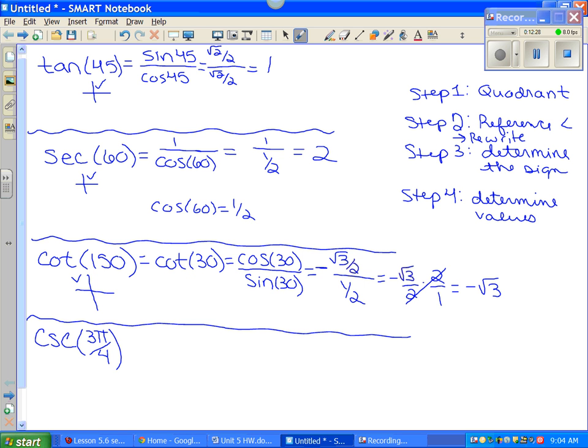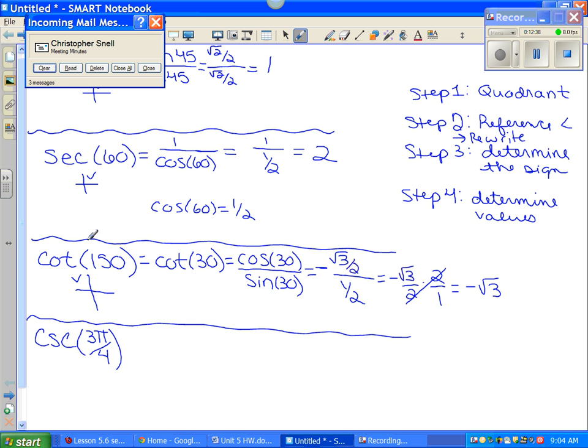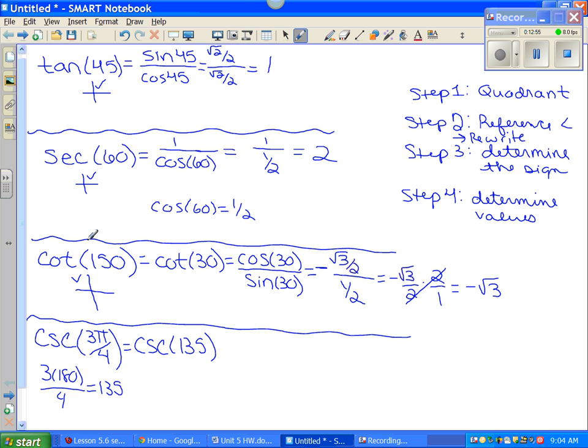Easier. Pi is 180. So how do I figure out what it is in degrees? Yeah, I got to put 180 in for pi, okay? So 3 times 180 divided by 4, Stephen, is what? 135, thank you. Okay, so this is the same thing as cosecant of 135 degrees. All right, I want you to finish it from here. Okay, and we'll come back to it in a second.